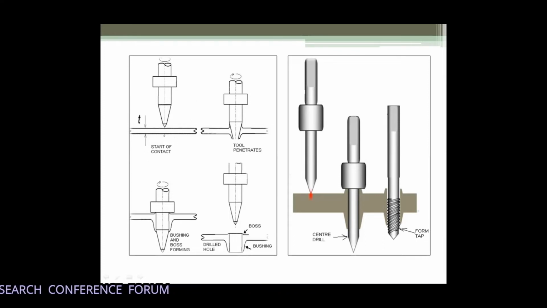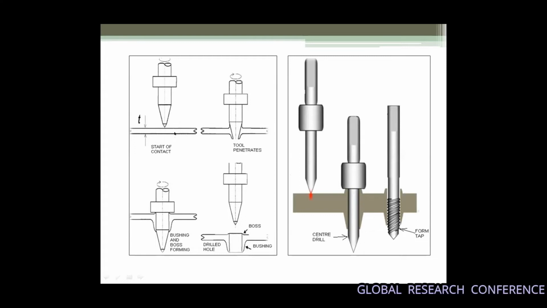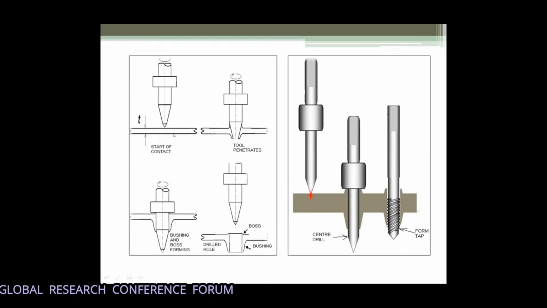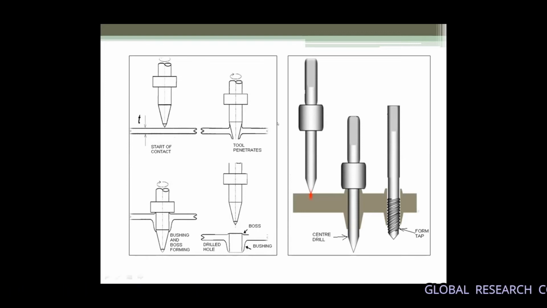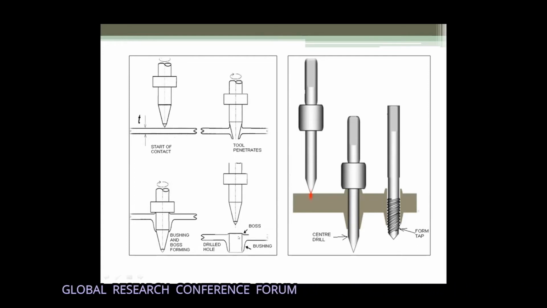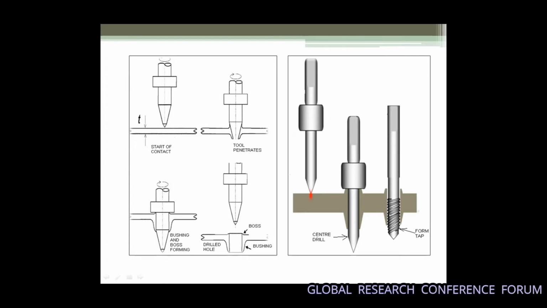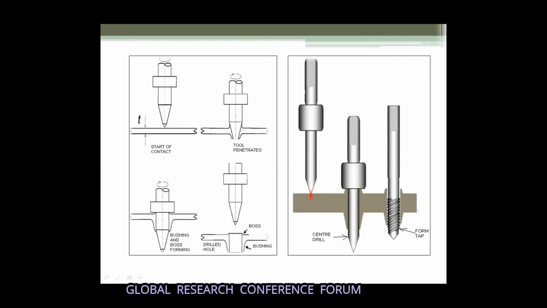If the thickness of the material is T, then normally it is observed that we get a bush of about 3 times the thickness. This is the first stage, the second, the third, and the final stage where we get the boss and the bush. The form tool we missed; in a future study we are working on that.